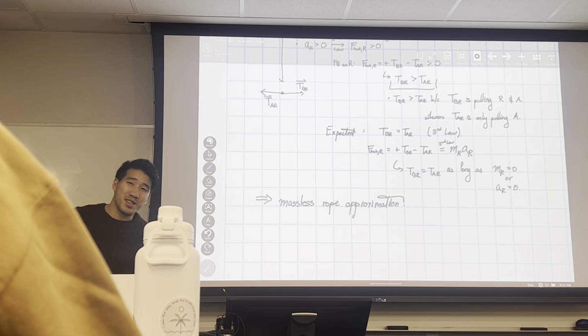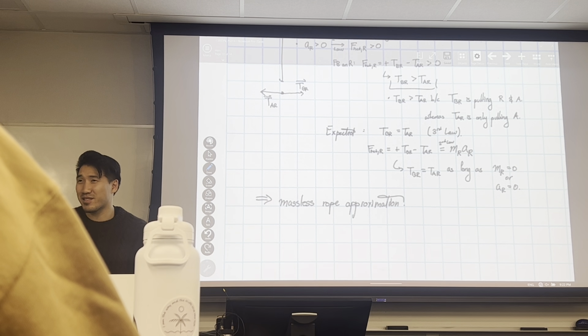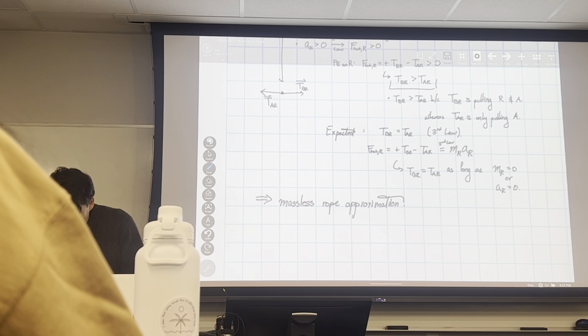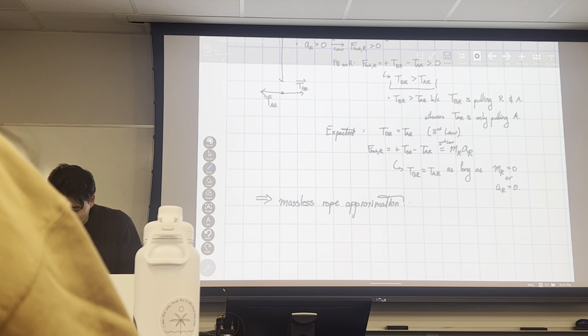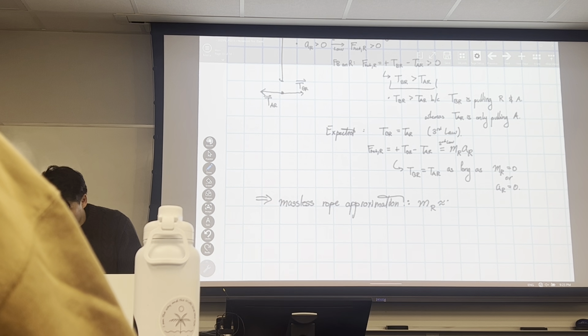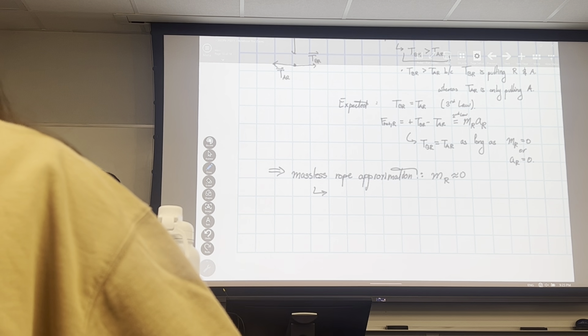Ropes are intended to be light, right? They're trying to make it easier to carry things. That's why it's meant to be light. And so we have what is called the massless rope approximation, which states that the mass of rope is approximately equal to 0, at which point the tensions are all the same.